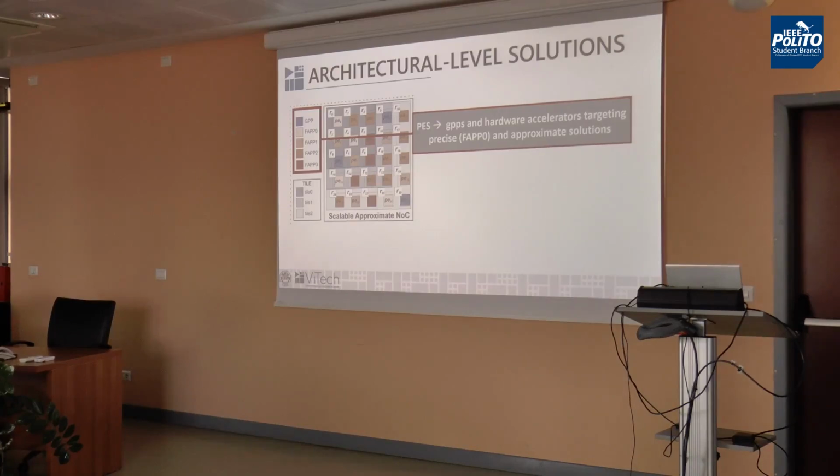If it's a flat block, you can approximate really strongly. If it's more textured, you want to have precise or just slightly approximated. Of course, each one of those gives a different operation point in terms of energy consumption, right?